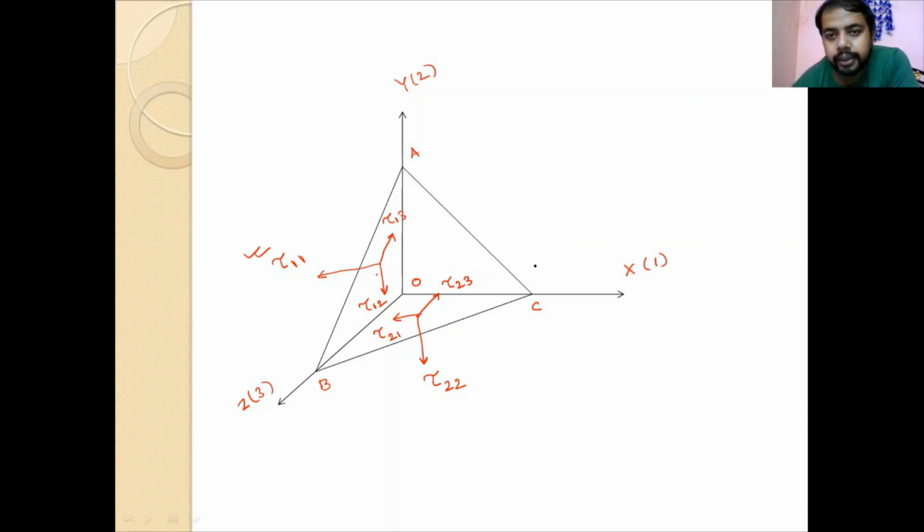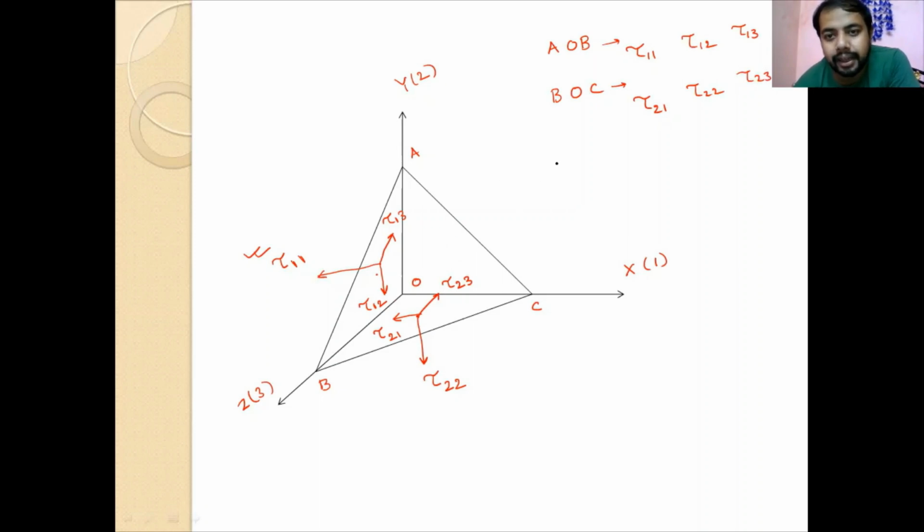So you can see that for area AOB, the stress components are tau 1, 1, tau 1, 2. These are the stress components. For area BOC, tau 2, 1, tau 2, 2, tau.